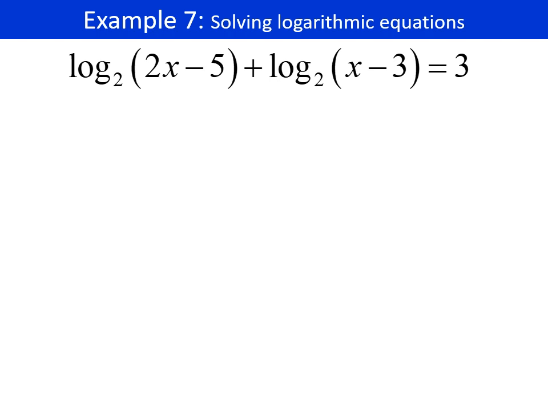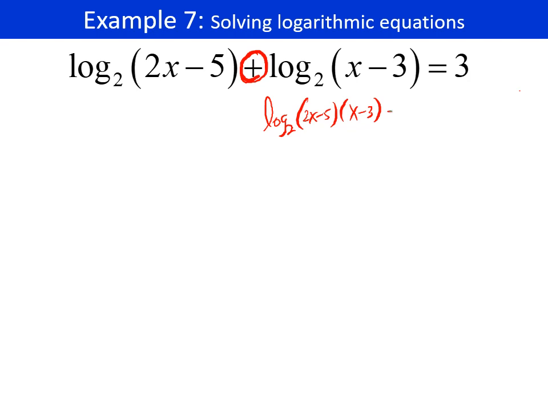Now before we can transform this equation from logarithms to exponentials, we have to combine these two logarithms into a single logarithm. Using the properties of logarithms, when we have two logarithms added, that's the same as one logarithm where the two things are multiplied.